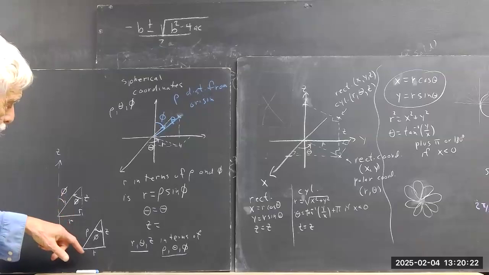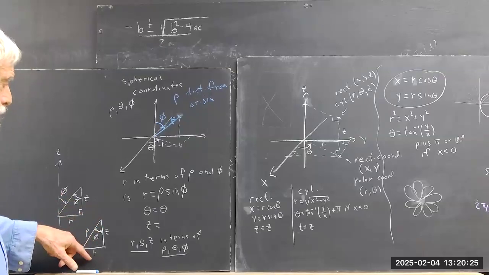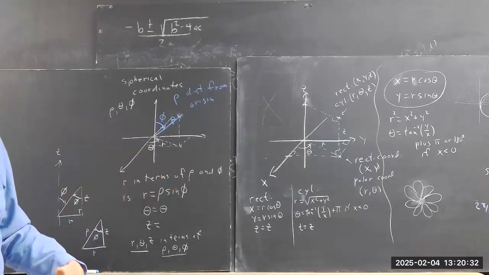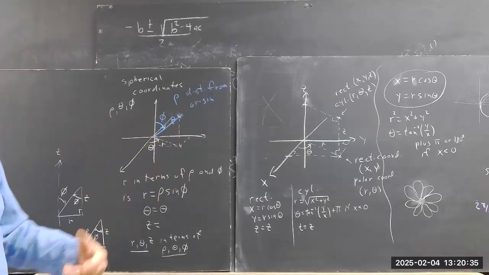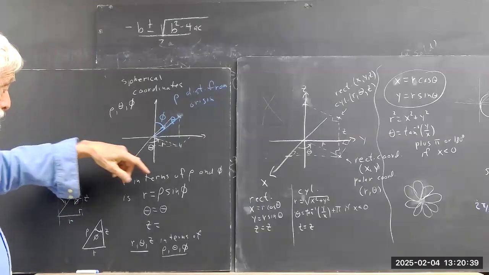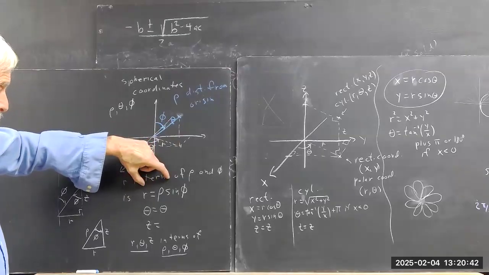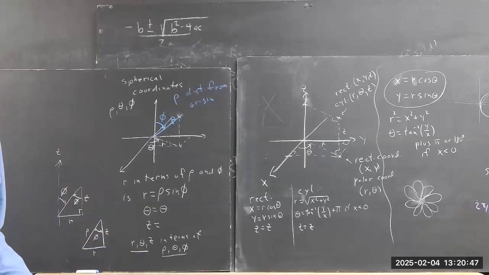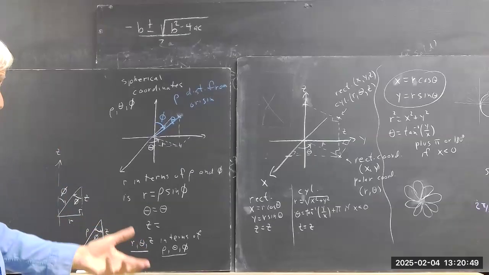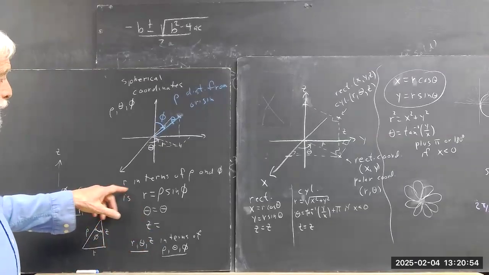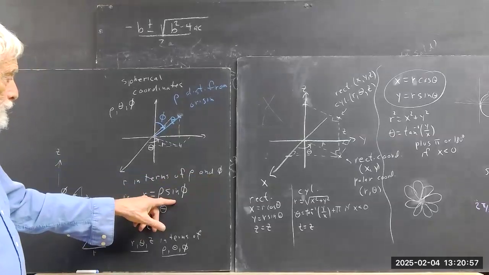So rho sine phi equals R. That's the definition of sine: opposite over hypotenuse. It's very straightforward. You should understand triangles well enough to just look at them and see that, but you can write it out. You want to get used to it. So R in terms of rho and phi is this.